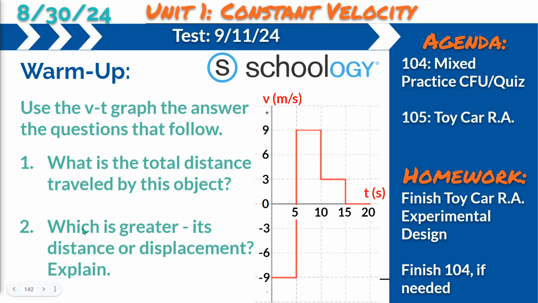So again, which is greater? Distance is greater because this person or object went backward and then forward. And so they canceled out some of that displacement. They didn't end up as far away from their starting point as they could have if they had just gone in one direction. Okay, does anybody have a question about this warm-up?